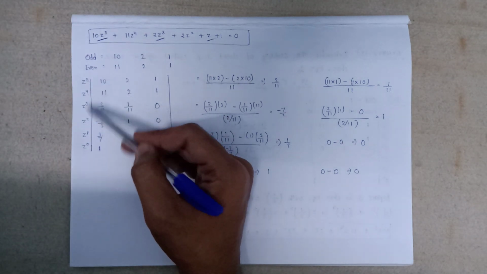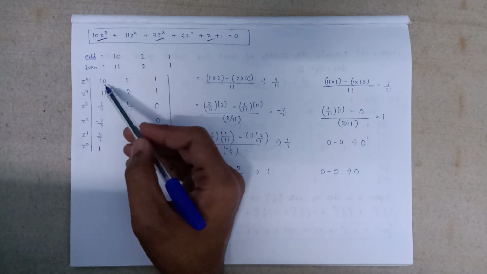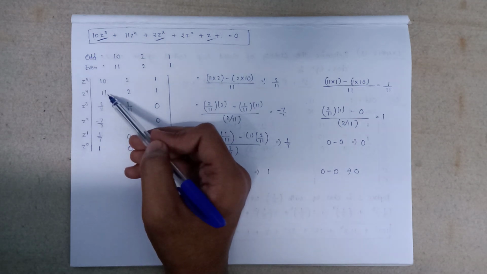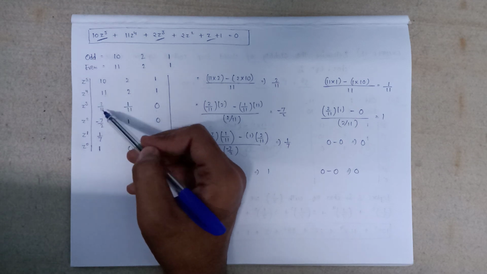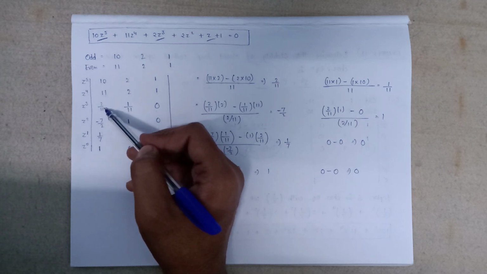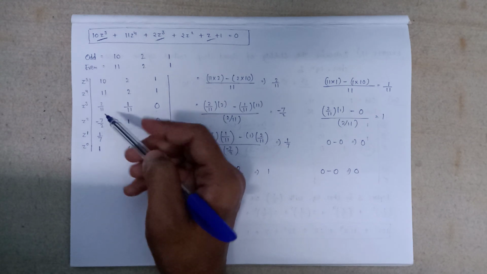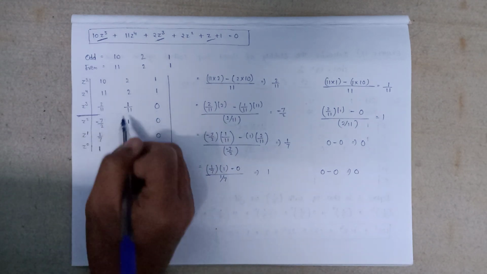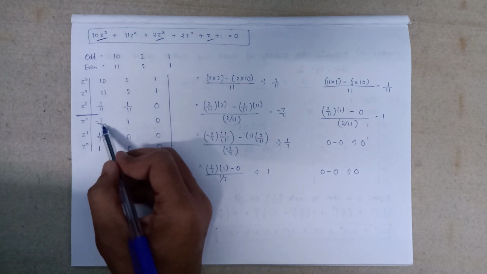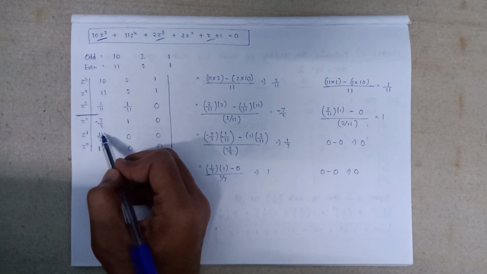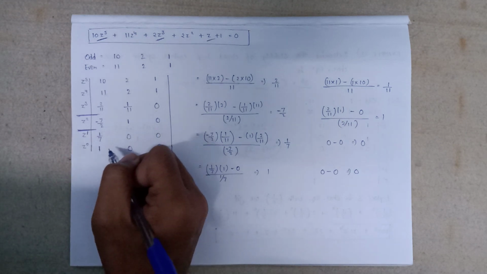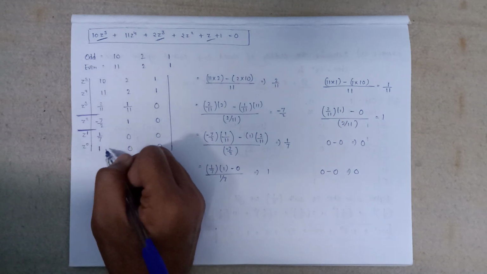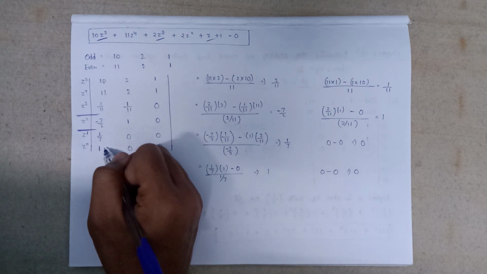Focusing on the first column of the Routh array, 10 is positive, 11 is positive, so no sign change. 11 is positive, 2 by 11 is positive, so no sign change. 2 by 11 is positive, minus 7 by 2 is negative, so here one sign change is there. Minus 7 by 2 is negative and 1 by 7 is positive, so one sign change is there. 1 by 7 is positive, 1 is positive, so no sign change.